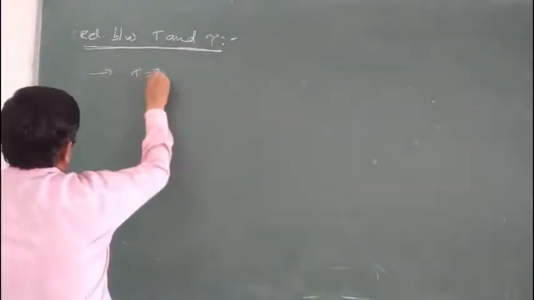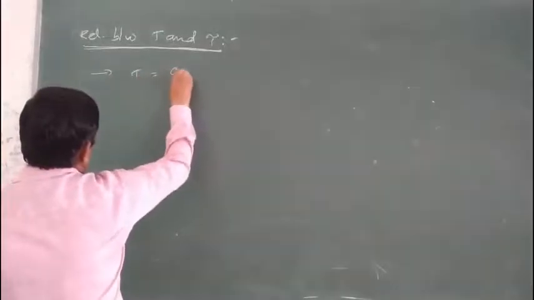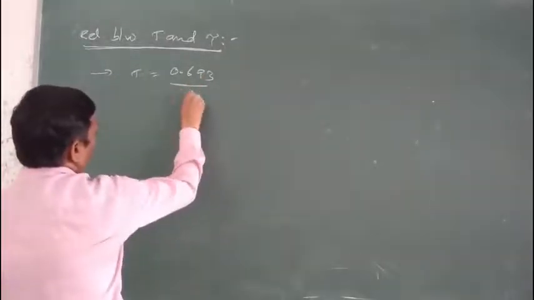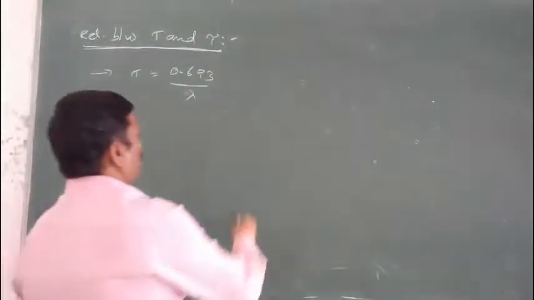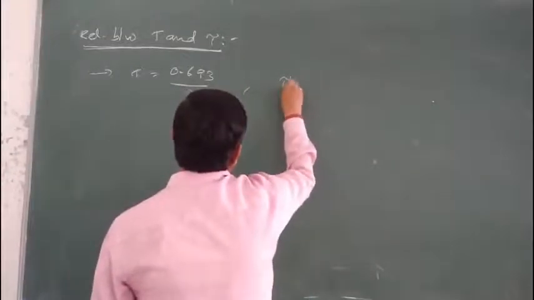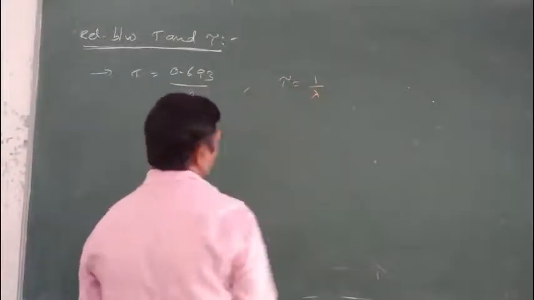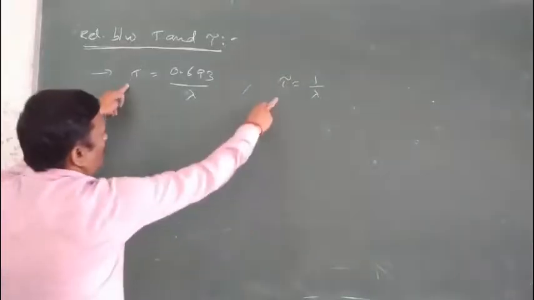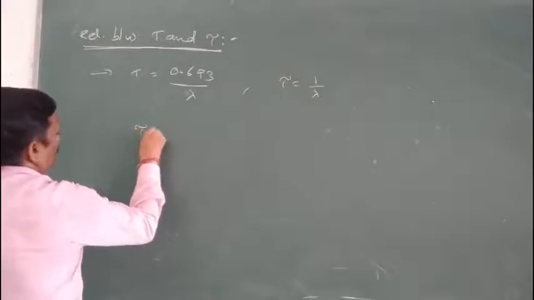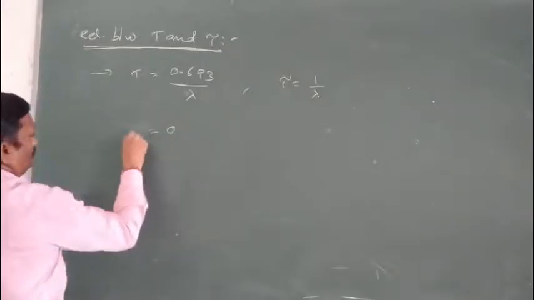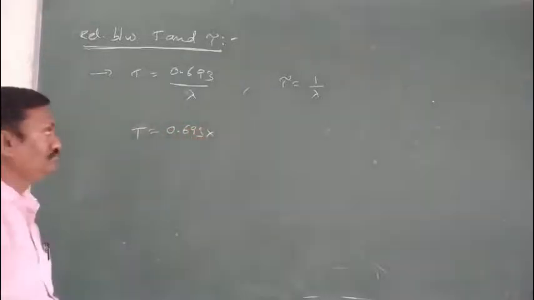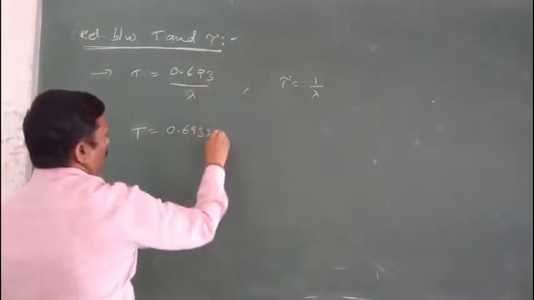We know the expression for half-life T is equal to 0.693 by lambda, and the expression for mean lifetime tau is equal to 1 by lambda. So T is equal to 0.693 into 1 by lambda, which is nothing but tau.